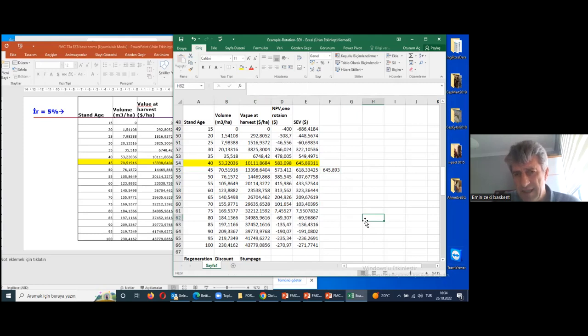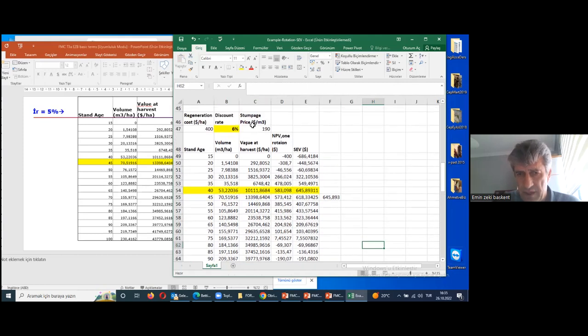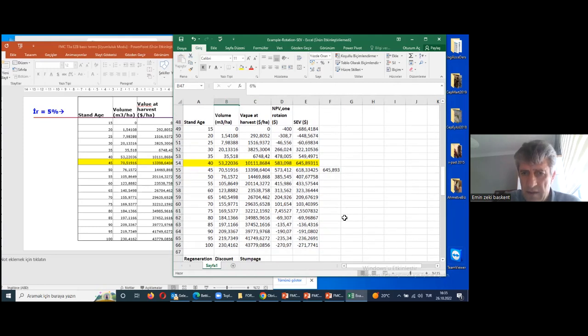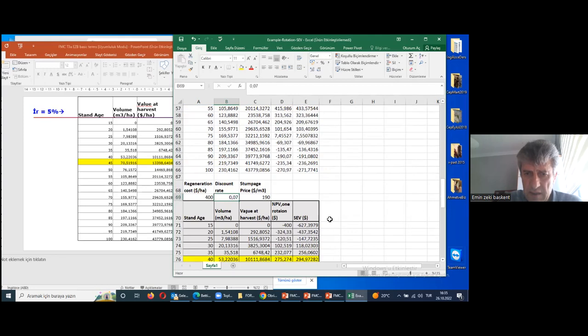We increased the interest rate to 6%, and the highest soil expectation value occurs at the age of 40, just one period earlier, if we assume that 5 years is the period length. So what happens with a further increase of the interest rate?